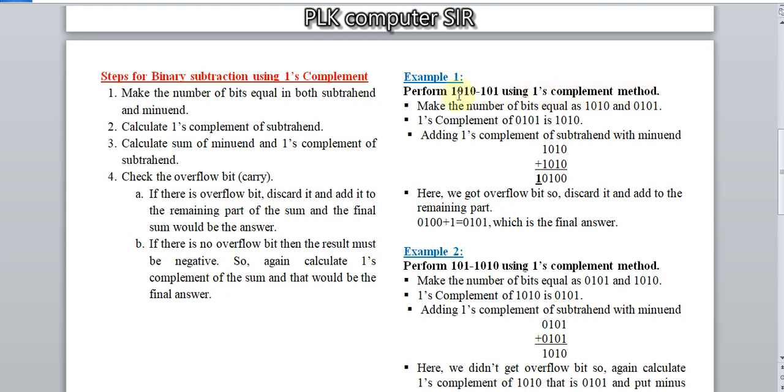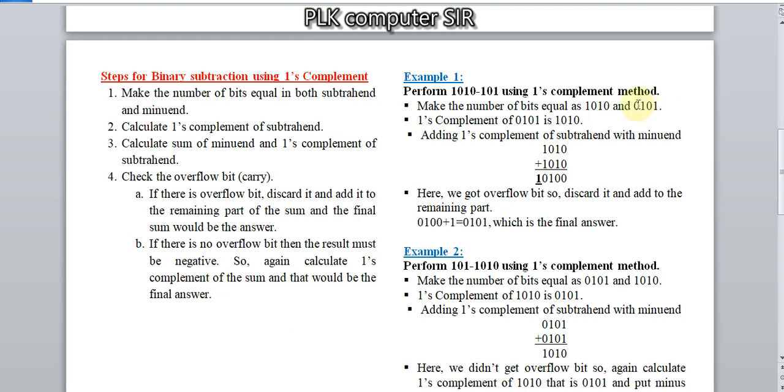My dear students, here we have 1010 as the minuend and 101 as the subtrahend, but here we have 1 2 3 4 bits and here only 3 bits, that's why we will add one leading 0 in front of the subtrahend. So we make the number of bits equal: 1010, and it will be 0101 because previously it was 101.